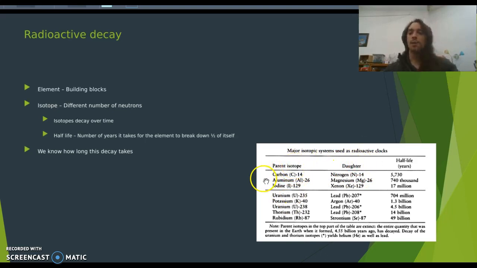So if you have 25% carbon-14 in a rock and 75% nitrogen-14, that means that we've gotten to one quarter of the carbon-14, so that's been two half-lives. And so that goes back to that example I was talking about a minute ago, where we can then take those two half-lives, multiply this by two, and we find out how old that rock actually is.